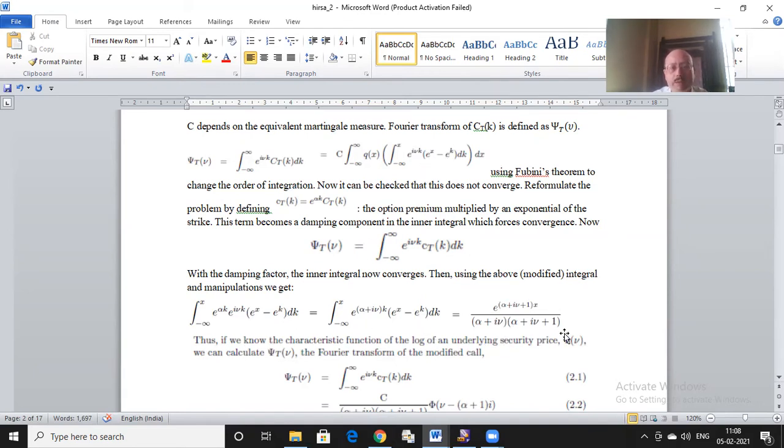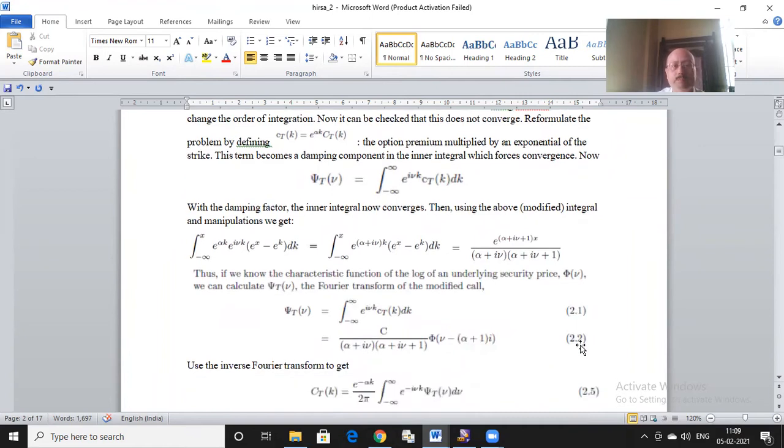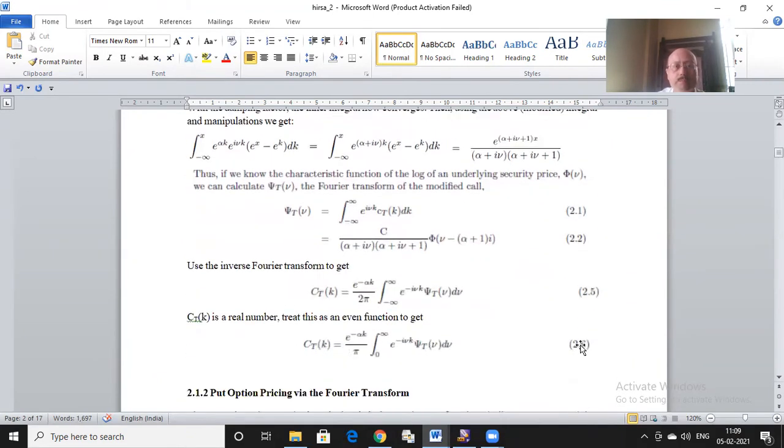This is my integral evaluated. It is a relatively straightforward integration, so you can just check that.